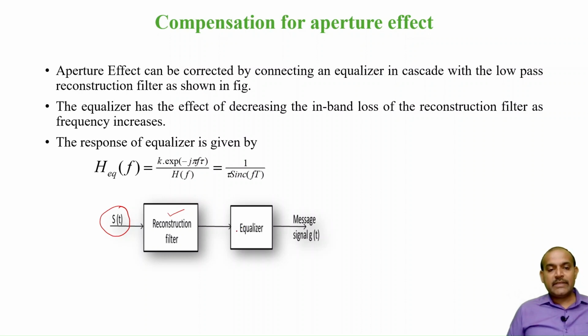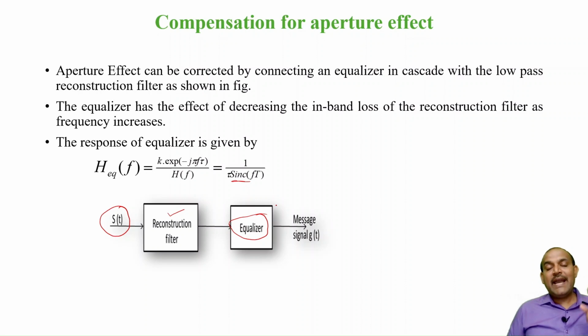Once the signal is reconstructed, it is distorted because of the aperture effect, and therefore I should use an equalizer to compensate. The equalizer consists of the inverse of the sinc function.